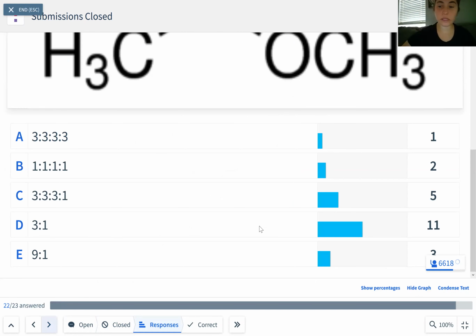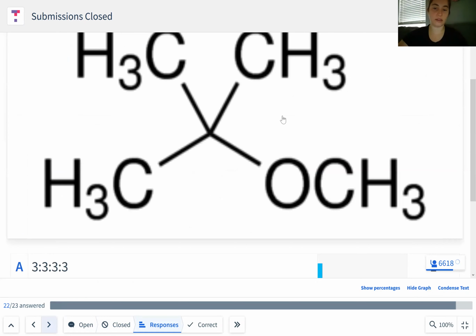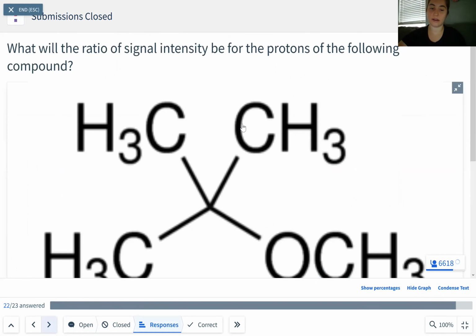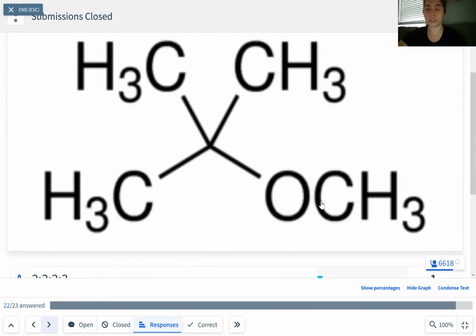Okay, so these are all really different answers, but there is something here that I actually really appreciate. It looks like a lot of you were recognizing that these 3 methyl groups would be identical to each other. So these 9 hydrogens are identical. And then you have this OCH3 group.